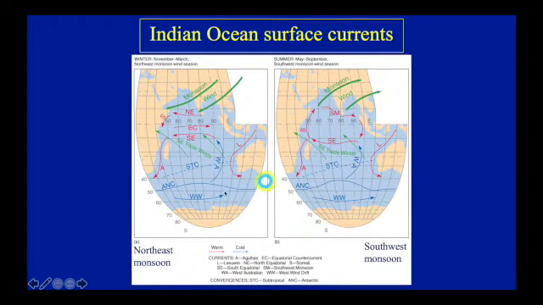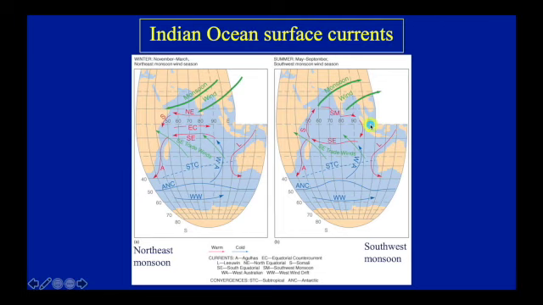If you look here at the northeast monsoon, in the northern part of the Indian Ocean you have the south equatorial current, the equatorial counter current, the north equatorial current, and then you have this Somali current over here. So this is very much what we have in the Indian Ocean surface current circulation during the northeast monsoon.